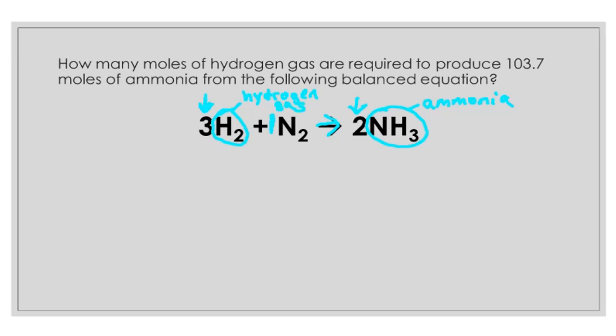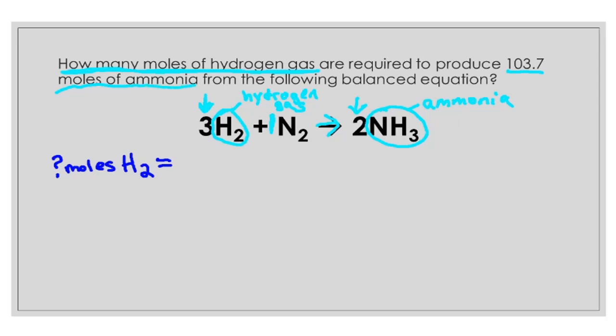So how many moles of hydrogen gas? There's our question mark statement. So let's write this down in the data table. How many moles of hydrogen gas are required to produce 103.7 moles of ammonia?